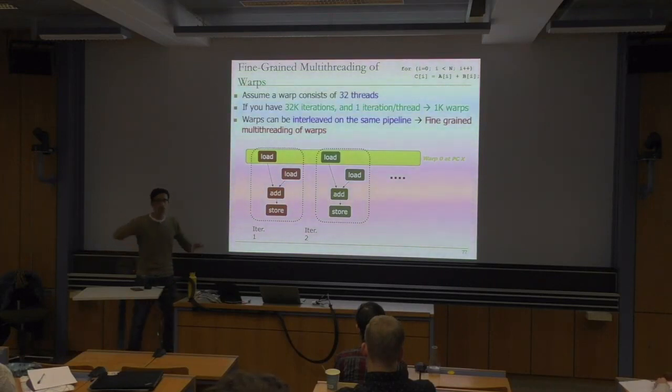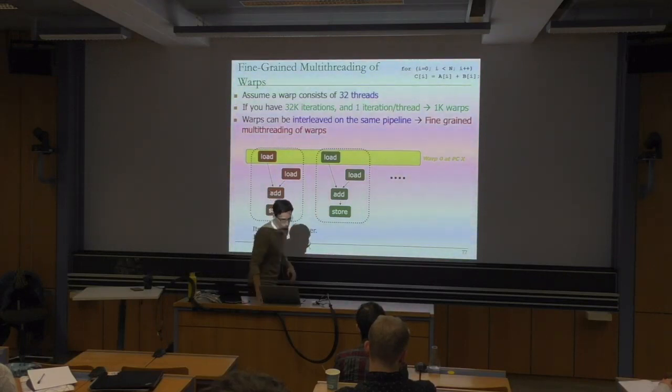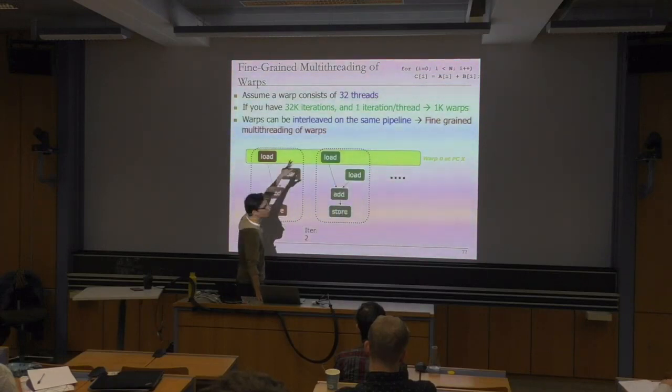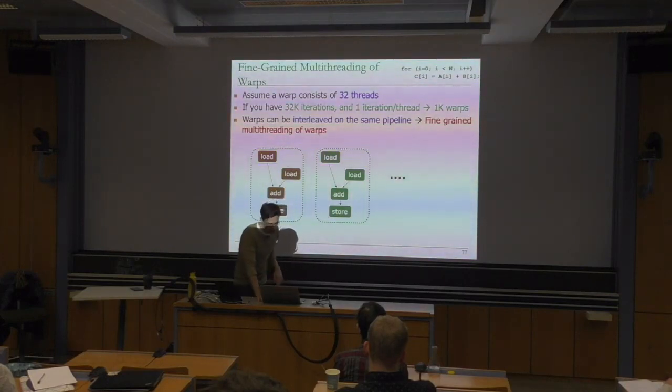There is no dependence across warps. There is dependence across the instructions of the same warp. That's why we talk about fine-grained multithreading of warps, and that's why I briefly reminded you what fine-grained multithreading means in those slides, that you can take a closer look at by yourself.